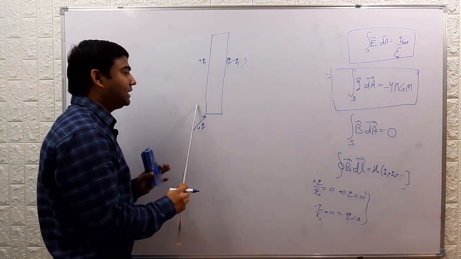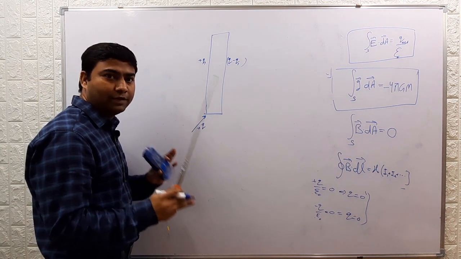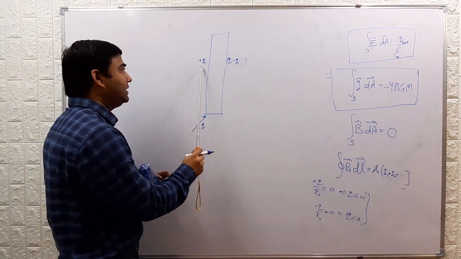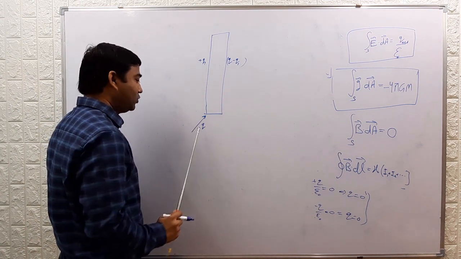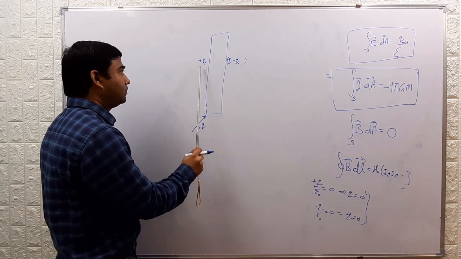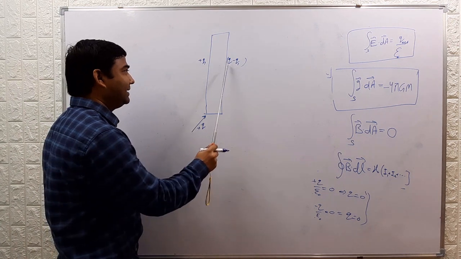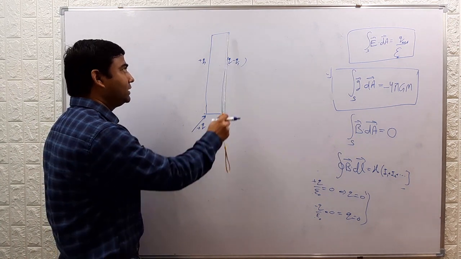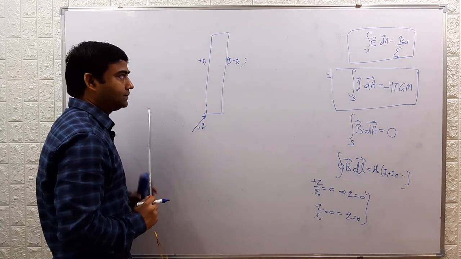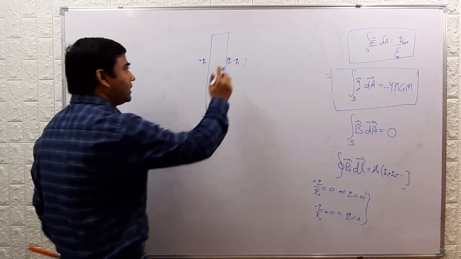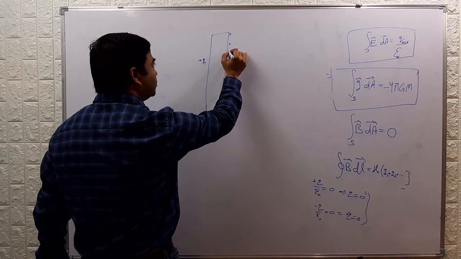Both faces will have the same charge, which we will prove later. But presently assume that out of this plus Q charge, plus Q1 distributes on this face, and the remaining charge Q minus Q1 is distributed on this face. Now this is also positive.